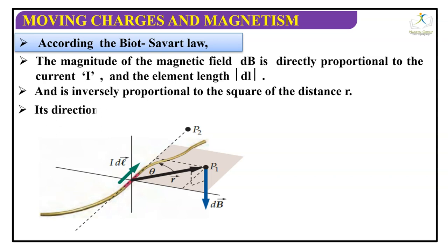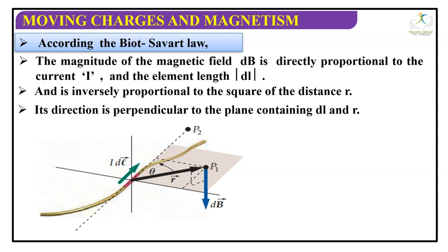Its direction is perpendicular to the plane containing dl and r. That's why we use dl cross r: cross is for the direction, which is perpendicular.